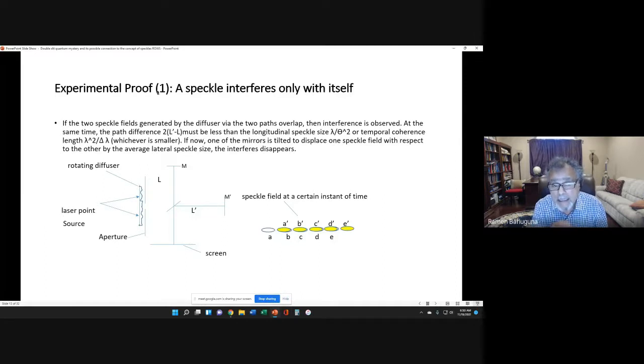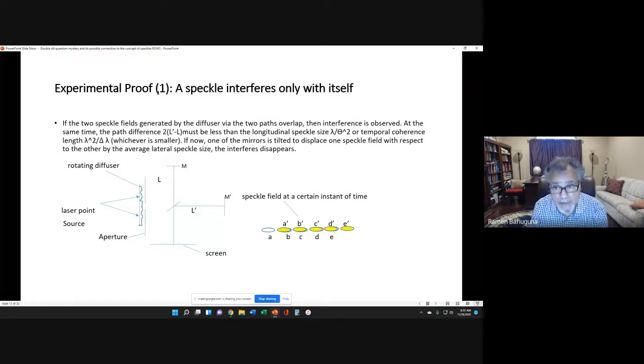Also, for L and L prime, the path difference, which is 2 times (L prime minus L), should be less than the coherence length, which is given by lambda squared over delta lambda, and less than lambda over theta squared, which is the longitudinal speckle size. It should be smaller than the smaller one.